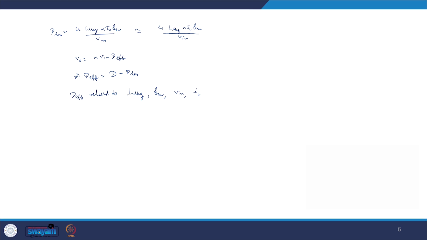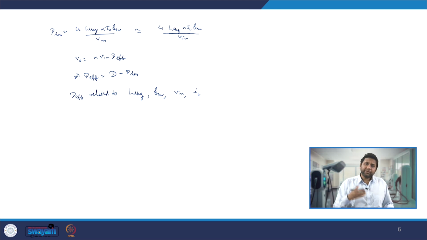That means when we are changing these 4 values, our D loss changes, and that is when our D effective also changes. Now if we have the actual hardware circuit, the L leakage and Fsw are not going to change.